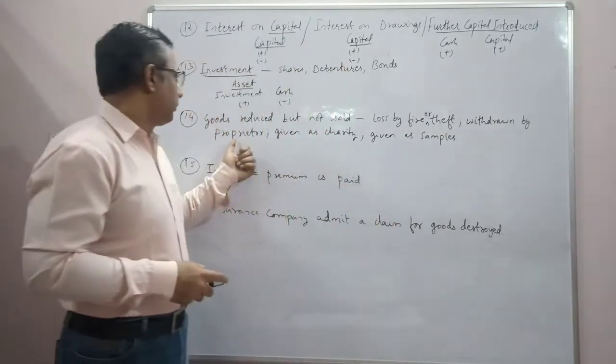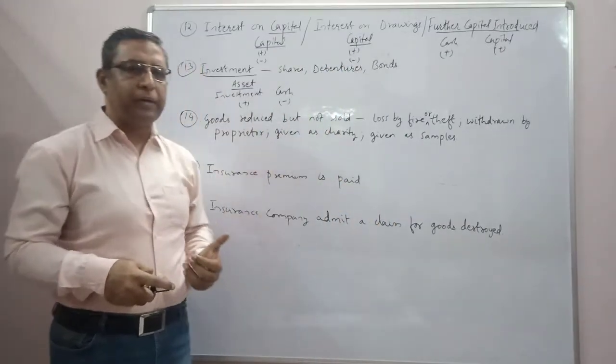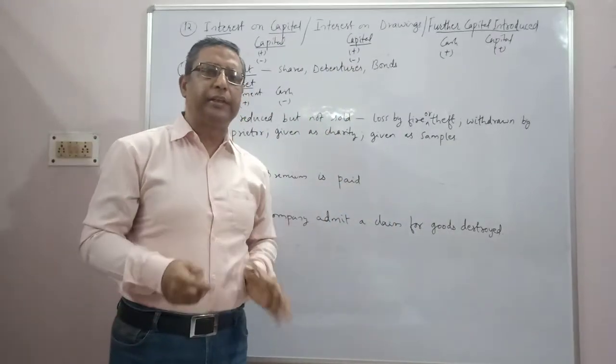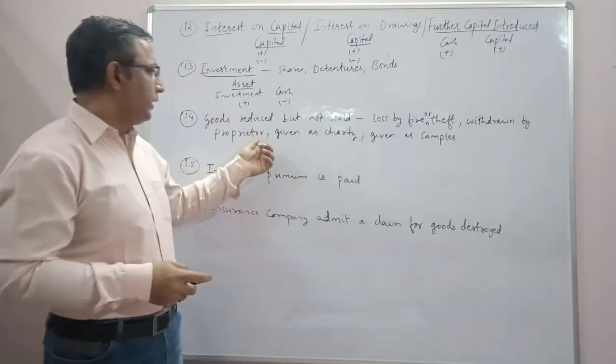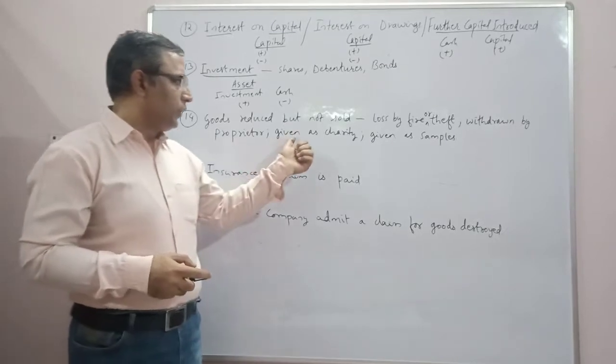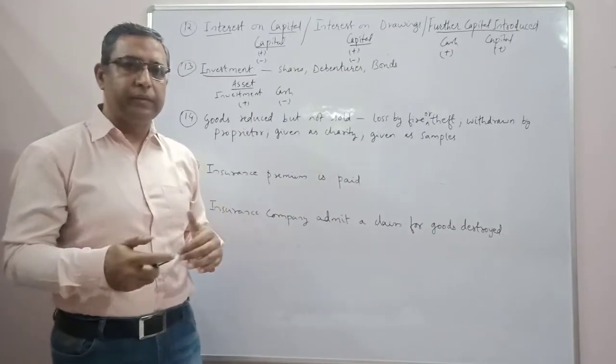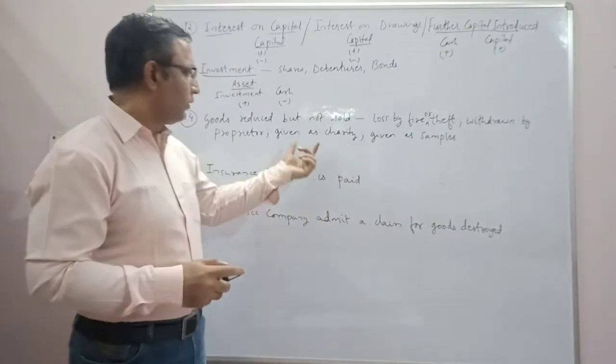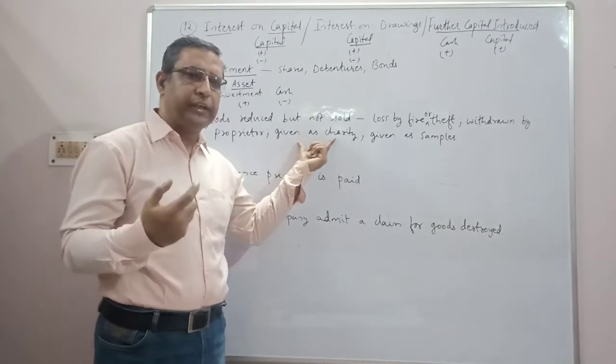Withdrawn by proprietor: when goods are withdrawn by the proprietor, the business is not getting any cash. It is just a reduction in the goods available with the business. When goods are given as charity, they are given free, so we are not receiving any money.